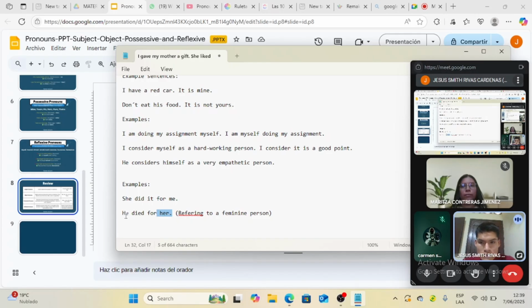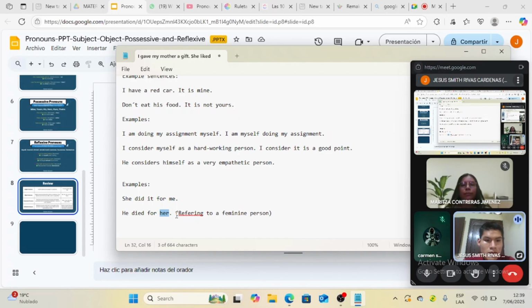La otra oración es él murió por ella. Quiere decir que él dio su vida para salvarle a ella. Entonces, cuando usas for, automáticamente después tienes que usar un pronombre objeto que es her. Este her significa ella.